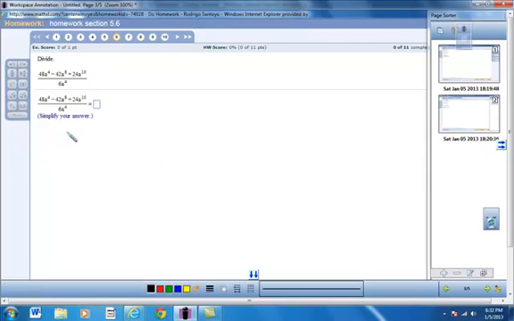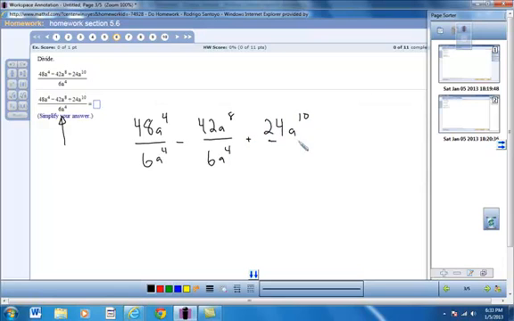Let's look at the next problem. What's going to be the same? The denominator. How many fractions? 1, 2, 3 fractions. 48a^4 over 6a^4 minus 42a^8 over 6a^4 plus 24a^10 over 6a^4. Once again, we go ahead and reduce these. 48 divided by 6, does that give us 8? a to the 4th, a to the 4th, those cancel.